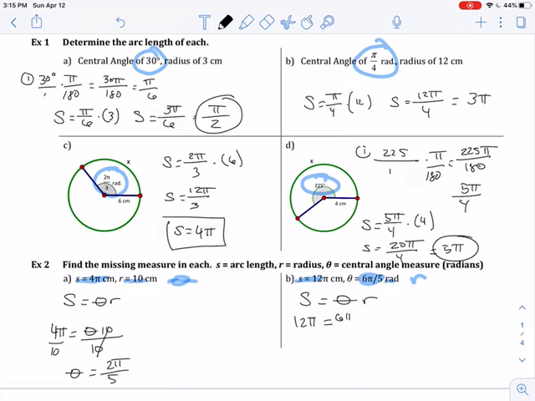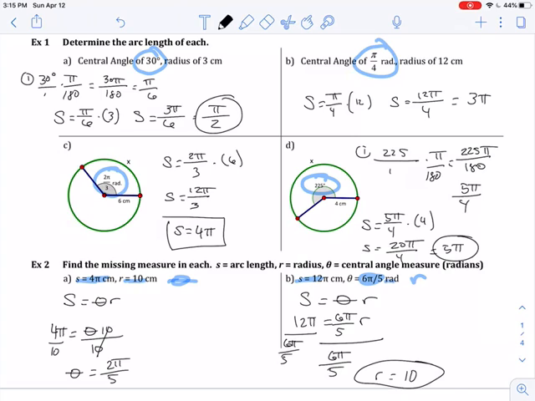My center angle is 6 pi over 5. And the radius is what we don't know. And again, I'm going to do the exact same thing. I'm going to do the inverse operation. So I'm going to divide by that to both sides. And when you put that in your calculator, what you'd get is the radius equals 10.